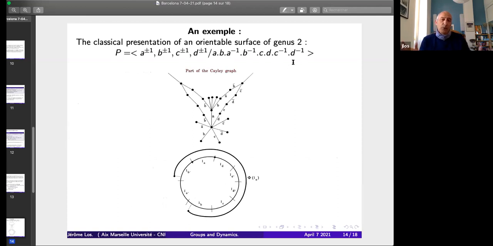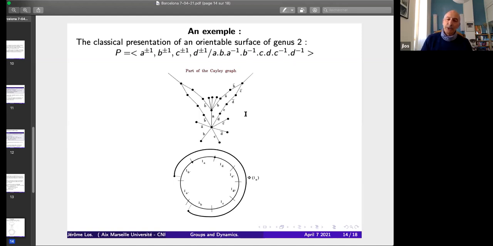So it's one word. And the expert will recognize that this word is particular. This is a product of commutators, but whatever, this is one word. And since it's a classical presentation, this presentation is geometric, as I said in the beginning.